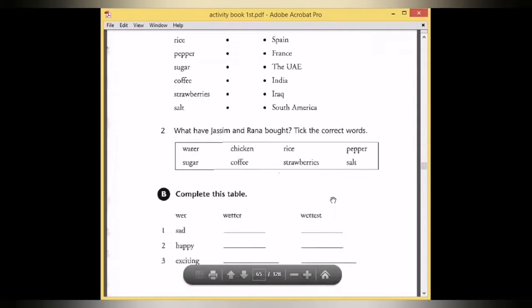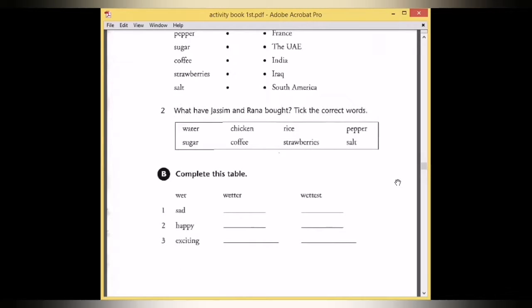So, that's it. Now exercise B is also about comparative and superlative adjectives. How to do it? Just like the first one, we have an example here. We have a positive adjective. It consists of one syllable. It ends in a consonant, and before that there is a vowel. So how to change it into a comparative adjective?